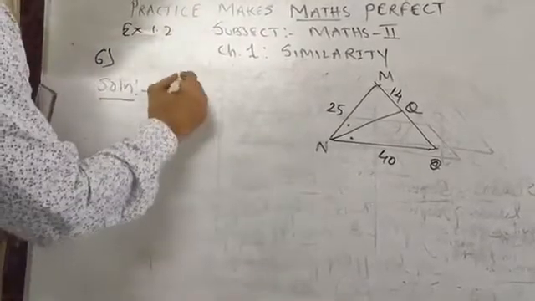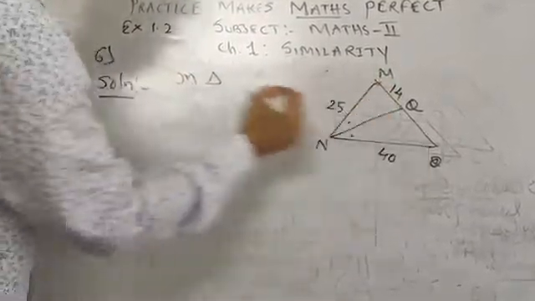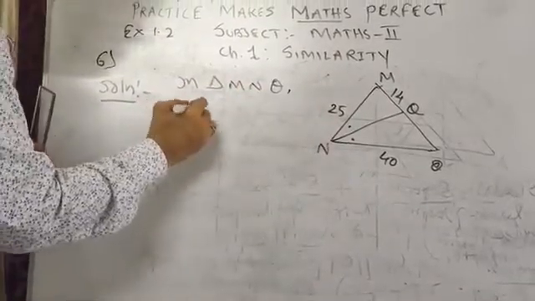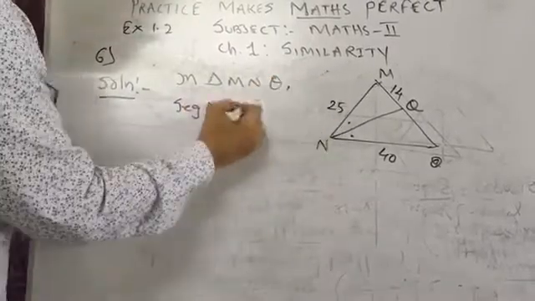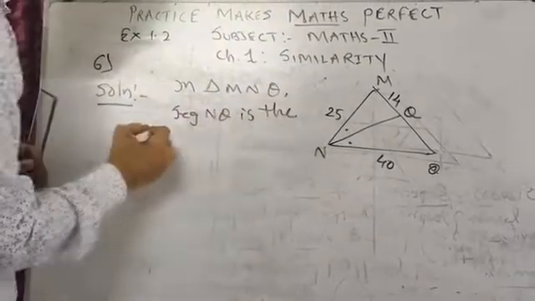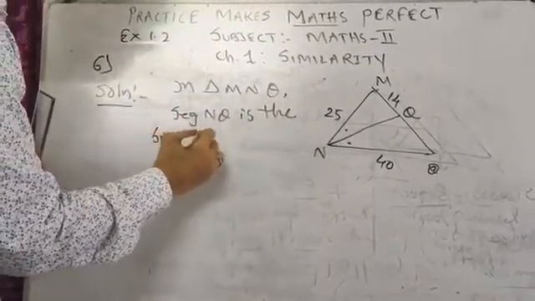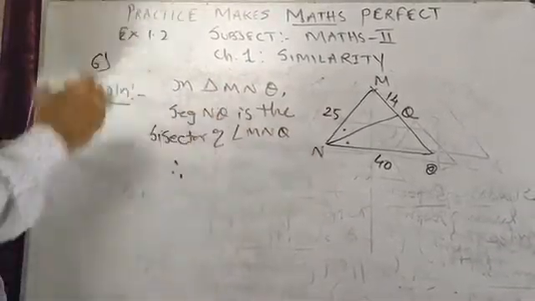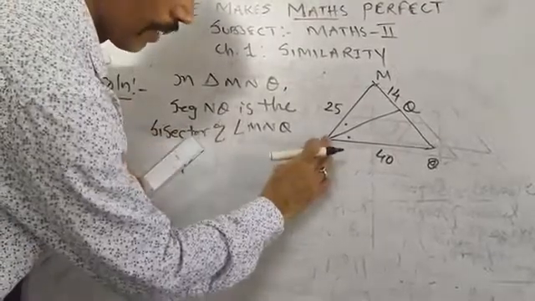So I will write here, in triangle MNP, this is given, in triangle MNP, side NQ is the bisector of angle MNP. Therefore, how to take the ratio we know. This is a bisector from here.